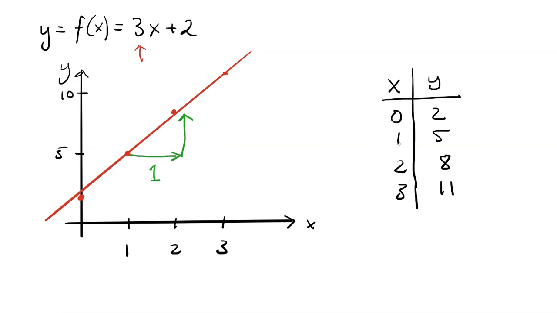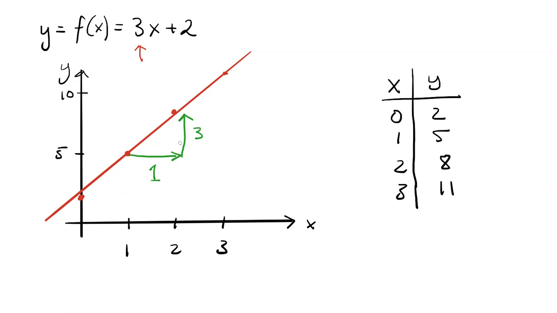We see here that if we go from 1 to 2, we have to go up 3. And the same for every step we take. We go from 0 to 1, we go up 3. From 1 to 2, we go up 3. From 2 to 3, we go up 3. So this number 3 appears when we go one step, we go 3 up.